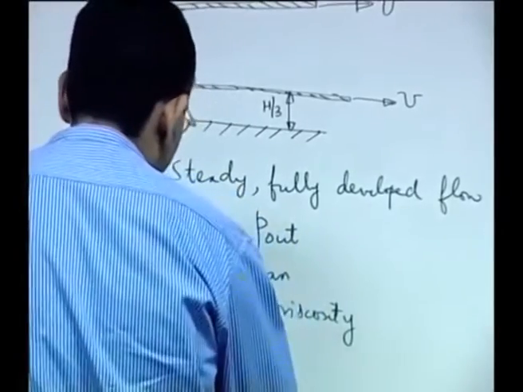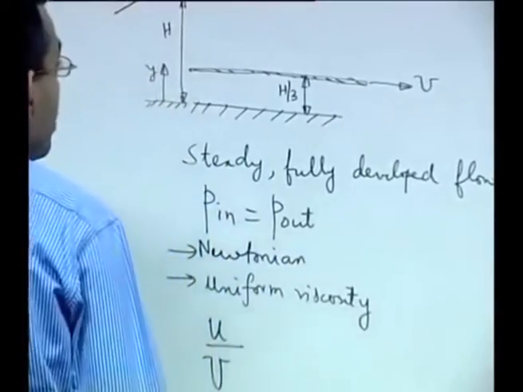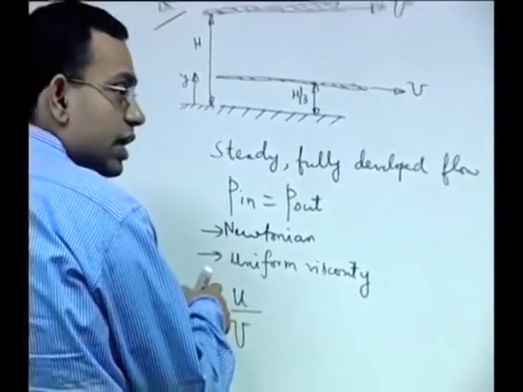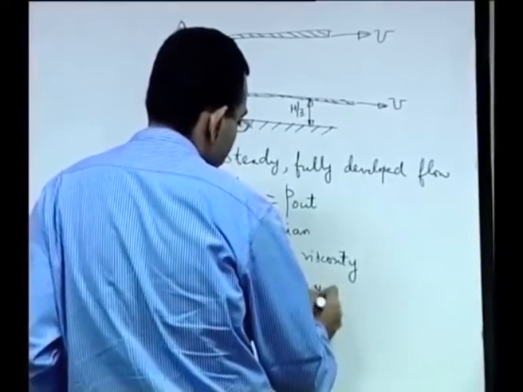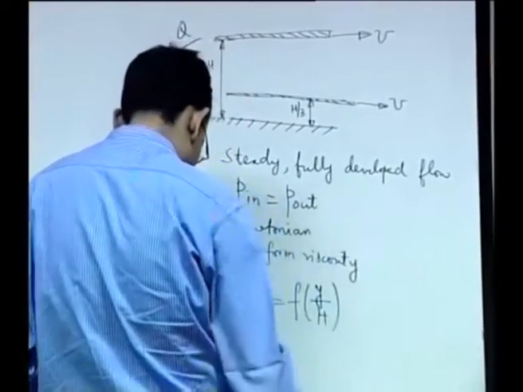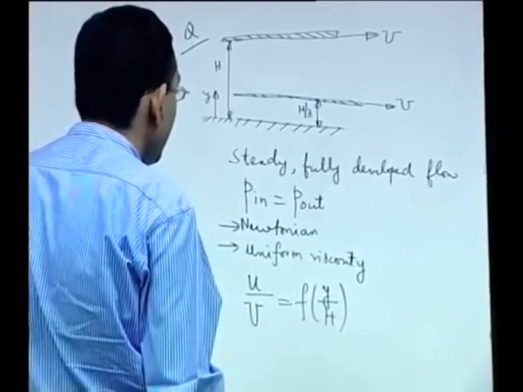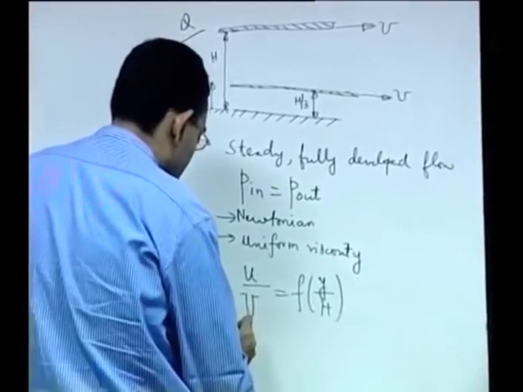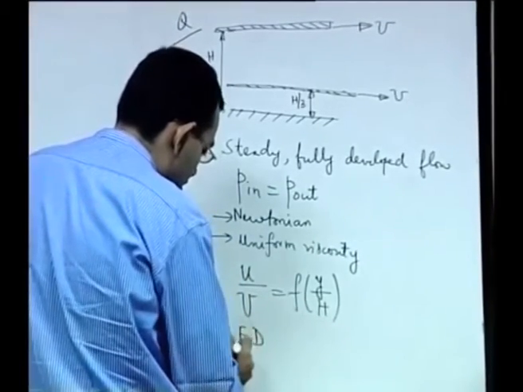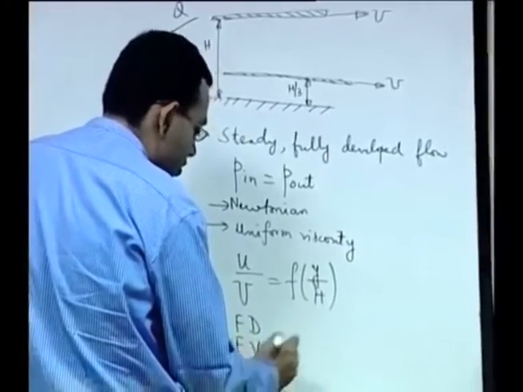You have to determine the velocity profile, that is small u, which is the velocity along the x direction, divided by capital U as a function of y by h. This you have to find out using finite difference, finite volume and finite elements method.